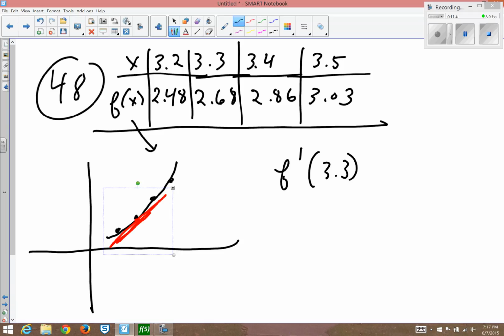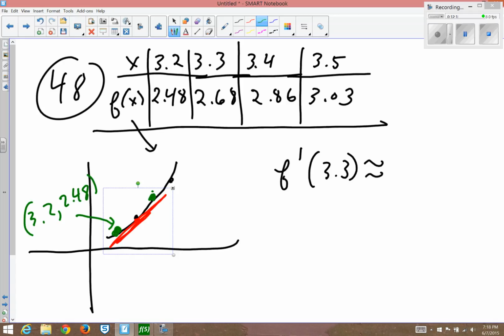So what they want us to do on this question and on the exam that I'm grading today in Kansas City is to say that the slope of that tangent line will be about equal to the slope of the line between this green dot and this green dot. That is the point 3.2, comma 2.48.